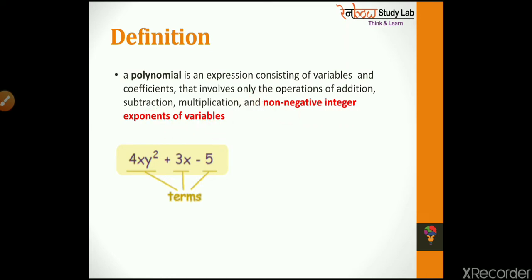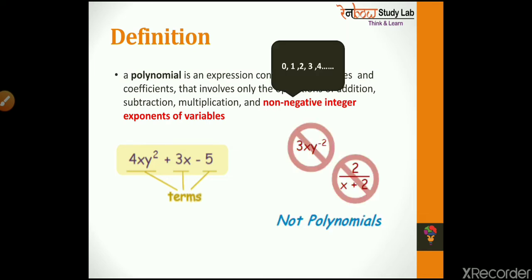It is very important to understand what you mean by non-negative integer exponents of variable. So first we'll understand what you mean by non-negative. Non-negative means the number should not be negative, it should only be positive or 0.